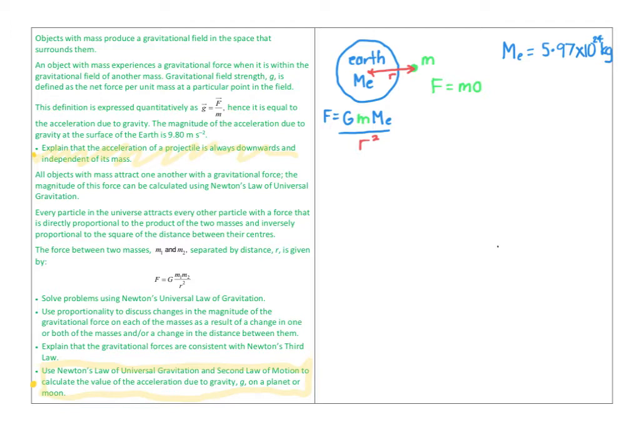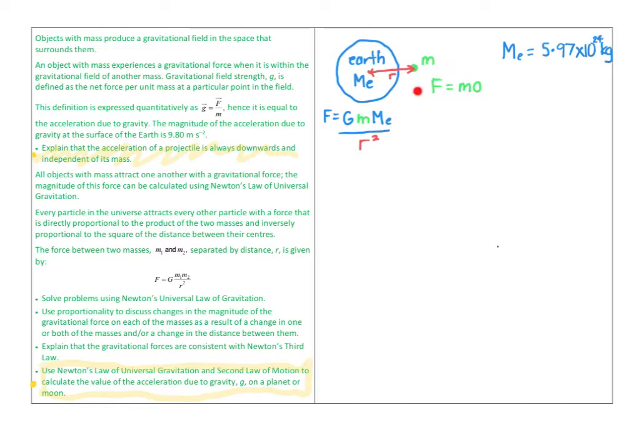So let's think about this. We have the Earth here and some object m. Big M, little e is the mass of the Earth, which I've given here. And this object is basically a distance r from the centre of the Earth. So you can think of it going in circular orbit. That's why we'd use the radius.